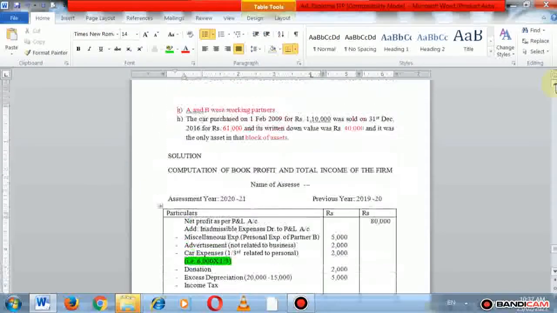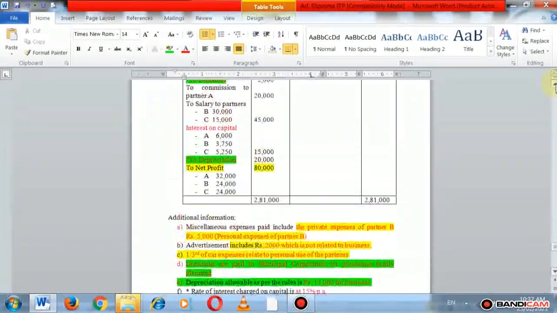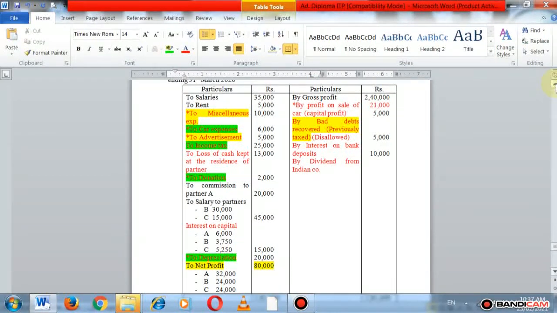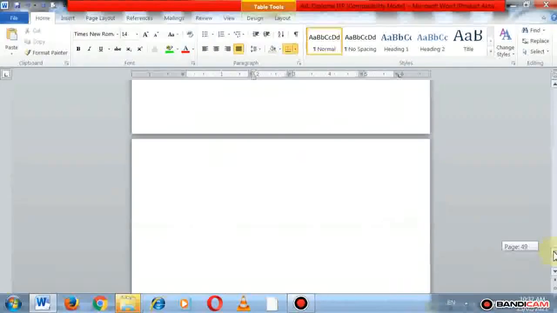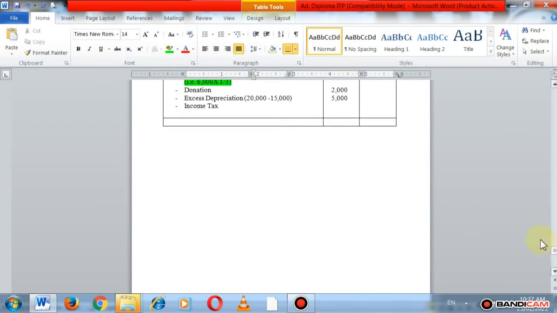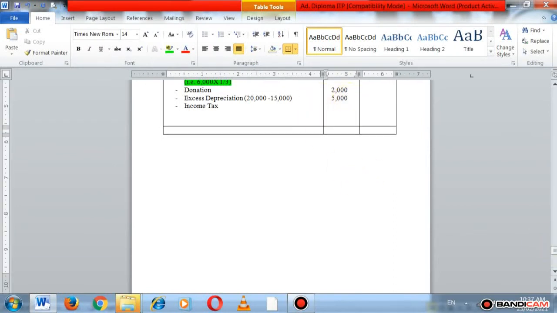Again we make a confirmation: income tax is 25,000. So add this 25,000.